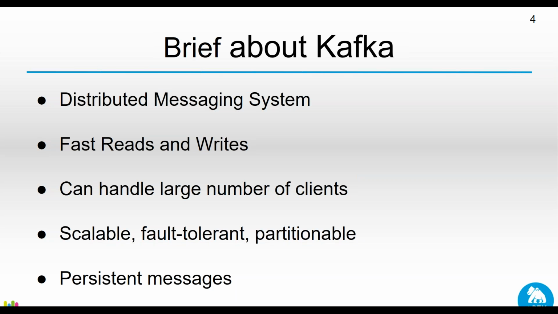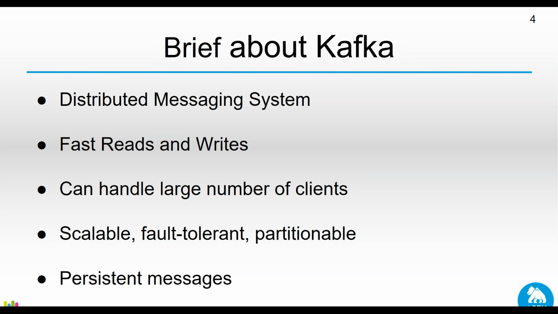So, a brief about Kafka. Those who have already looked at Kafka in the ecosystem know that it is a distributed messaging system. It's what we call a publish-subscribe mechanism of providing data from the producer side. There is a producer API which allows different data producers to write data.